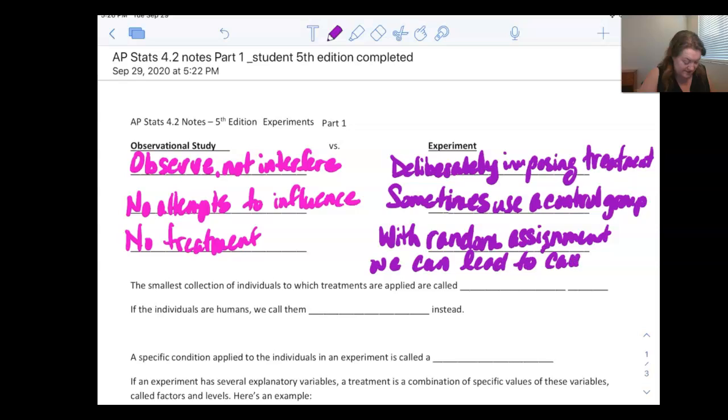I'm going to call it causation. So if all we have to do is this thing called random assignment, we get this idea that we can do cause and effect. So we've got to pay attention when we get to random assignment.